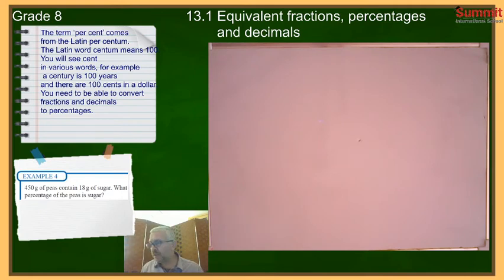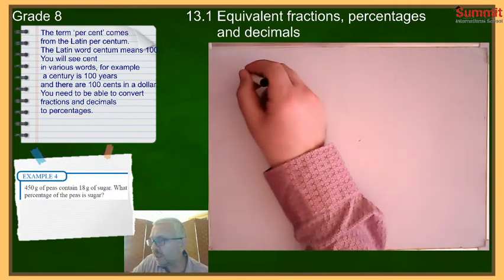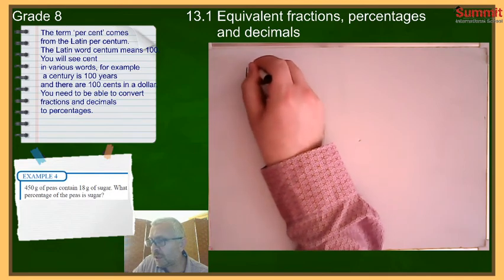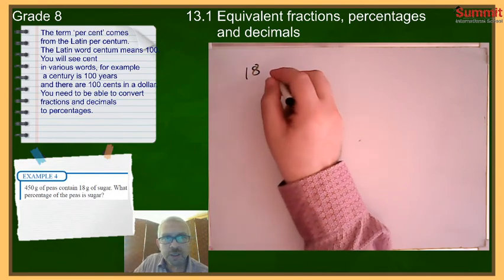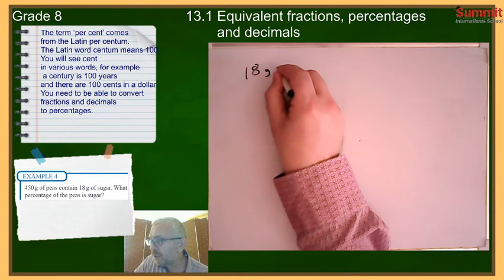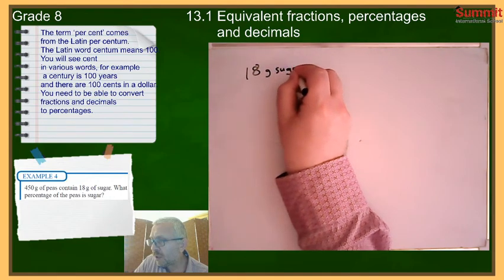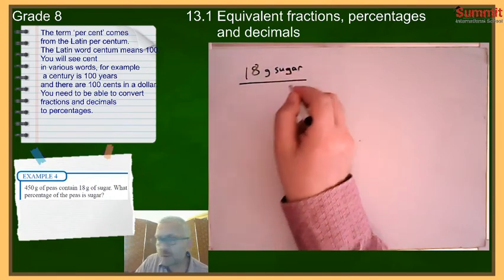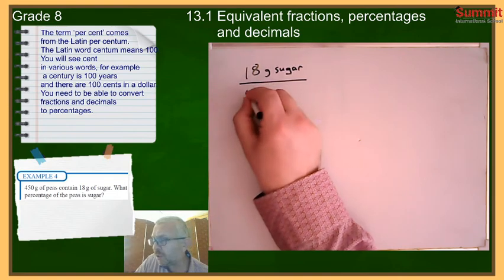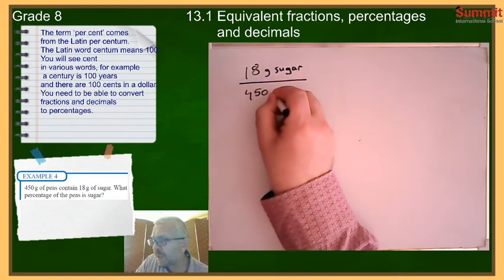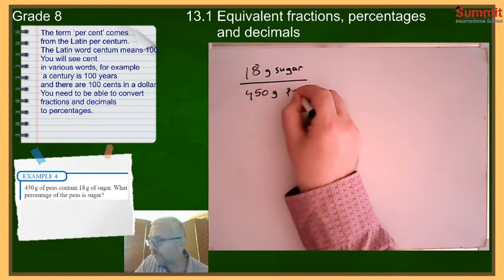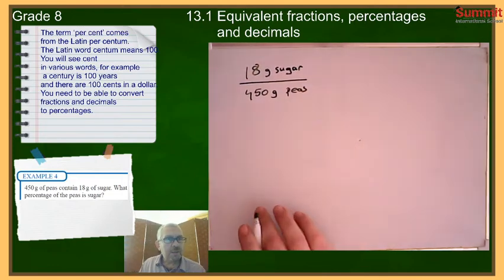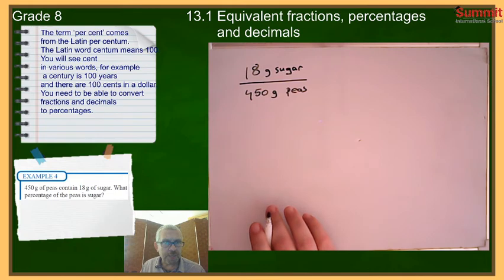We can write 18 grams of sugar to 450 grams of peas. Now we wrote this fraction, and we should find the percentage.